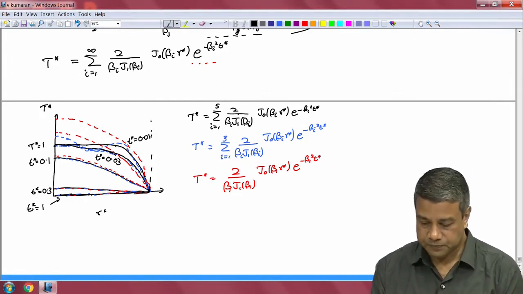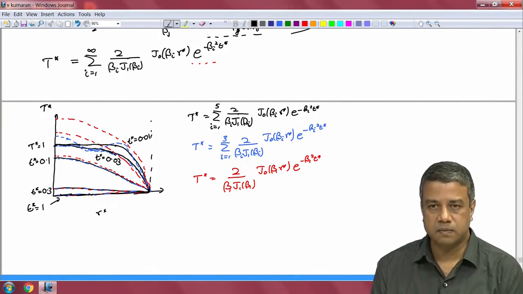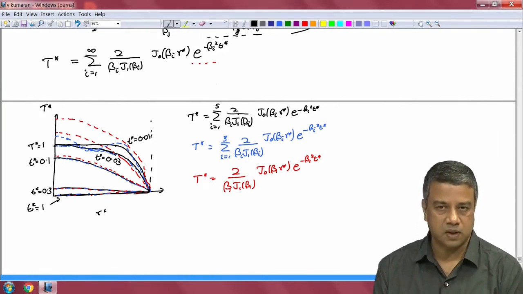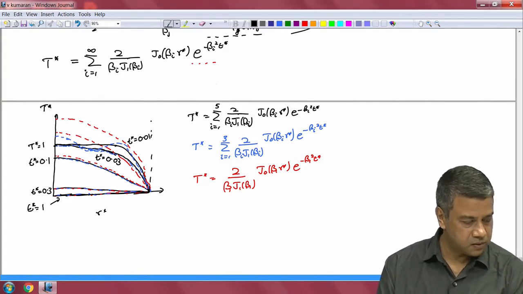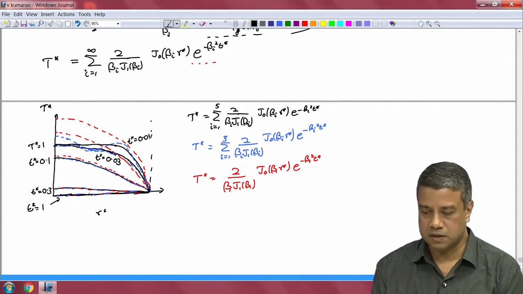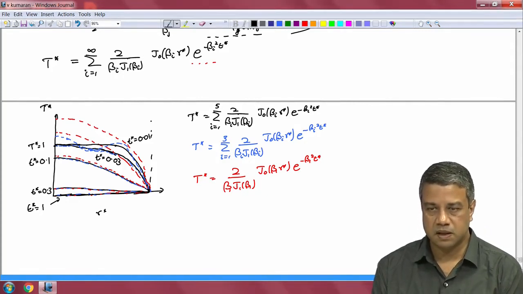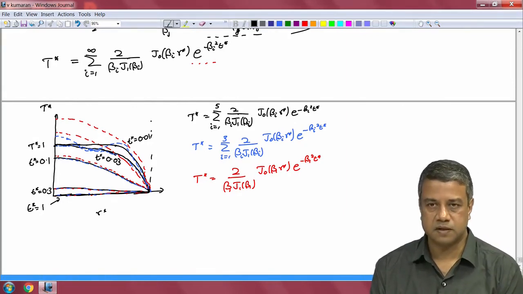Even just including a single term you can get a solution down to T star equal to 0.1. Including 5 terms you can get it down to 0.01. So, those are the comparison of the single term, the 3 term and the 5 term approximation for the temperature field.